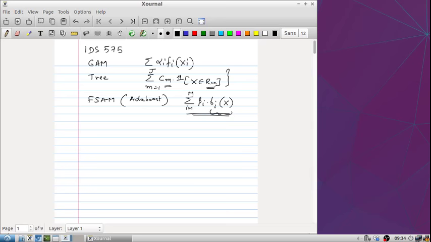So forward stagewise additive models, which we looked at last time, essentially add one model at a time. You start with no model, or essentially a constant model, and keep adding one model at a time. And the question is, how do we add a model? Of course, you try to minimize some loss. If you want to add the mth model, I have already added m minus 1 models.